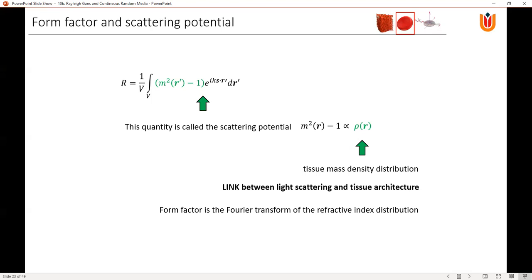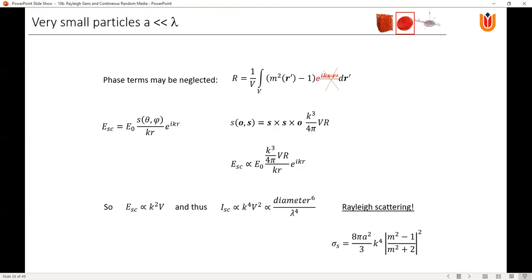As you can see, this relation is a Fourier transform. So again, you could take the local distribution of refractive index and calculate the 3D Fourier transform and get the form factor. I'm going to skip this.